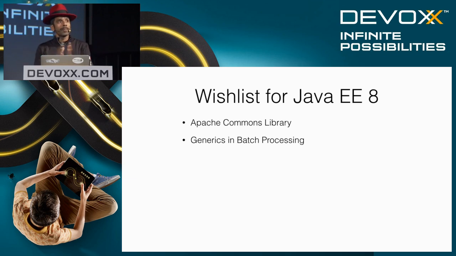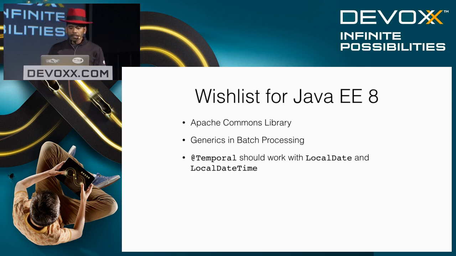This is a consistent pet peeve that I've seen all across. Right now, you can say reader, processor, and writer, and they take strings and objects like that. I want generics over there. So, okay, I'm going to operate on an input item, and the item type is a person or a book or a record. Hopefully that will be solved in the Java EE 8 timeframe.